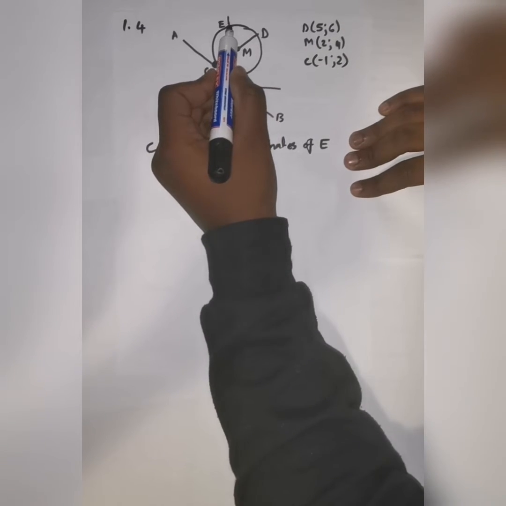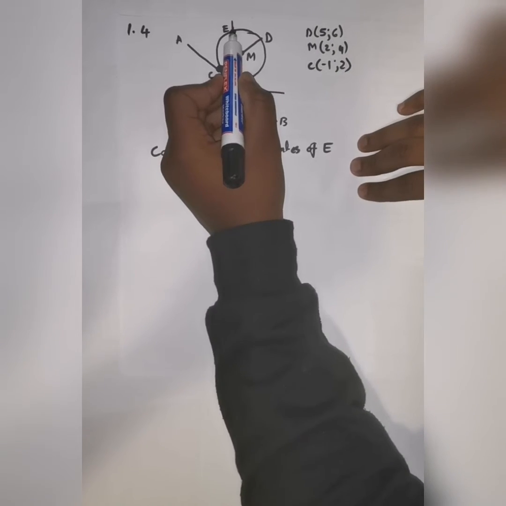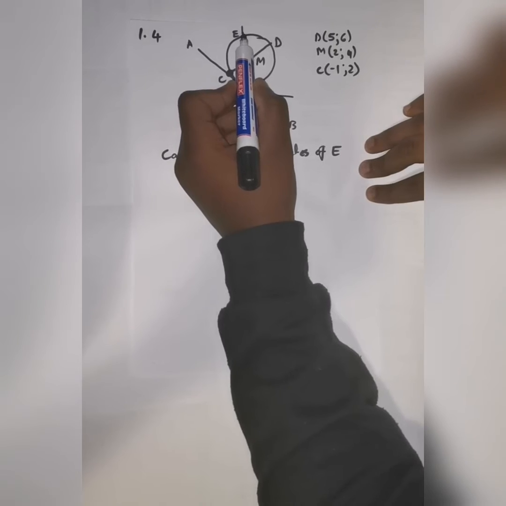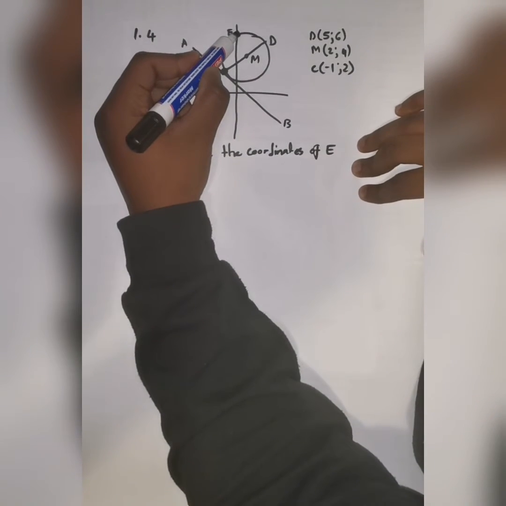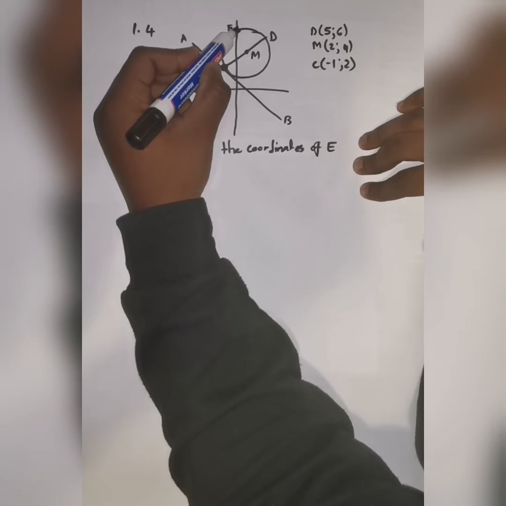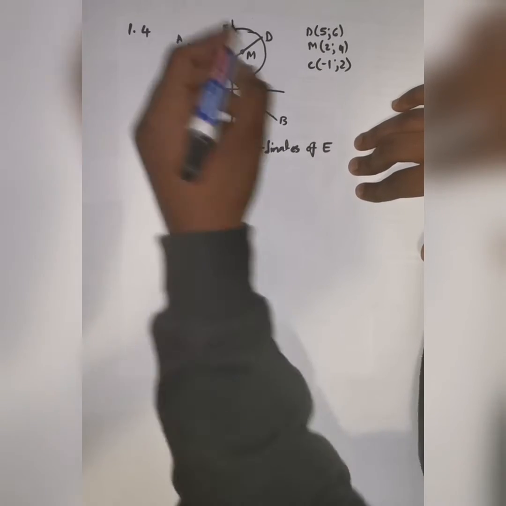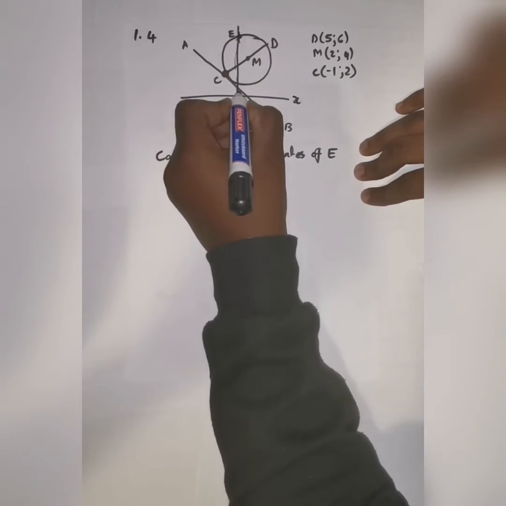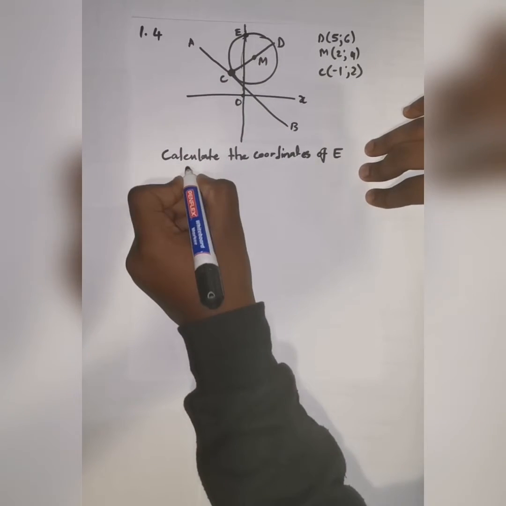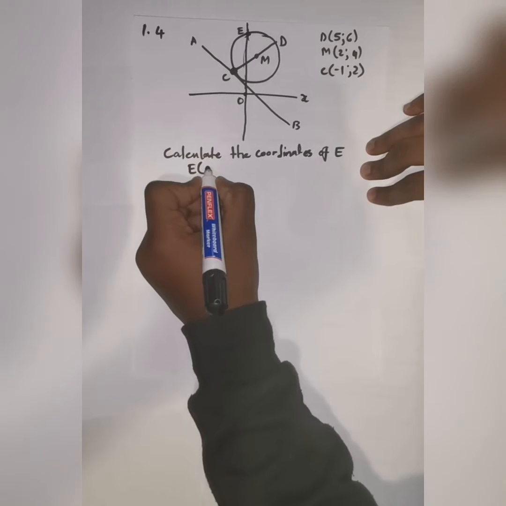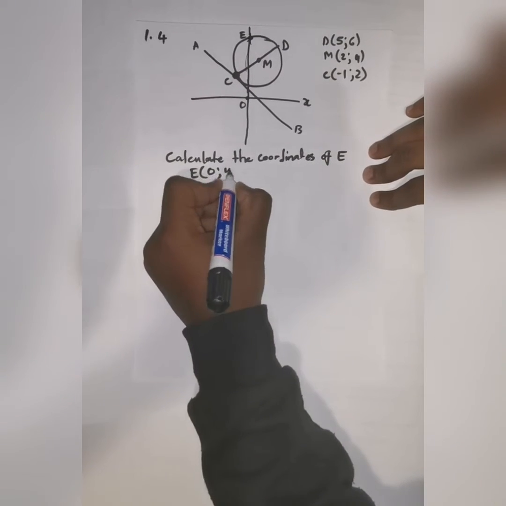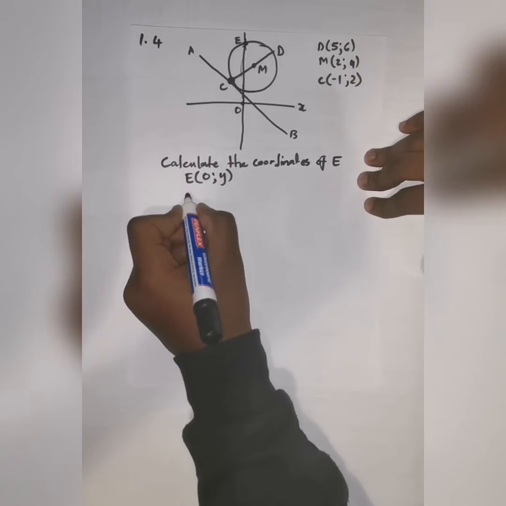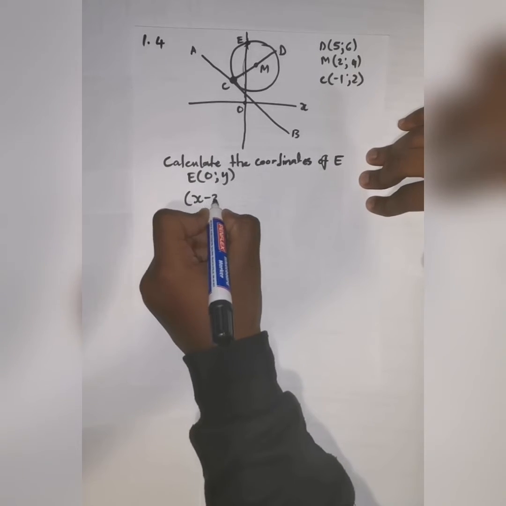We were also told in the statement that E is a y-intercept, so it is right here on the y-axis. For any point on the y-axis, the x value is equal to 0. So we know that the x value of E is 0, and we're going to use this information in the equation of a circle to get our value.